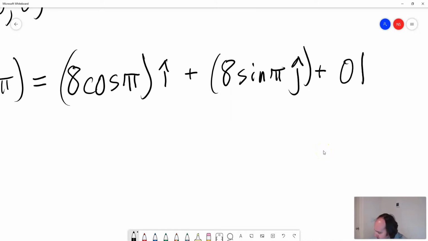So plus 0k. Okay, so we have 8 cosine of pi i plus 8 sine of pi j plus 0 times k.